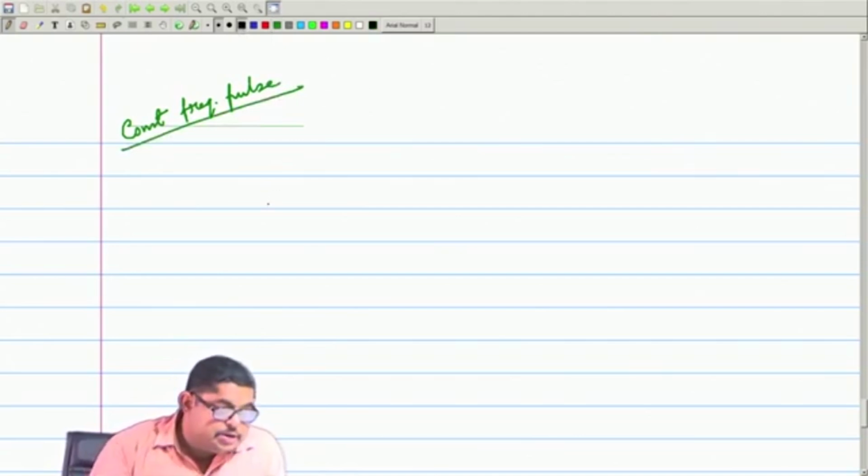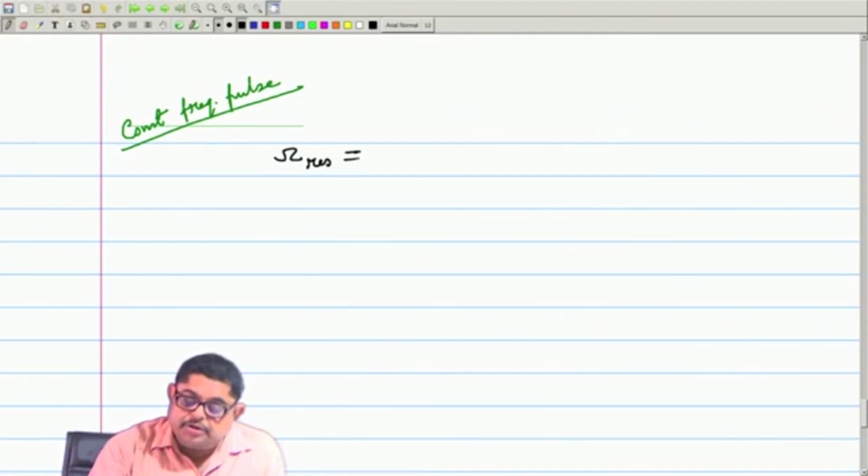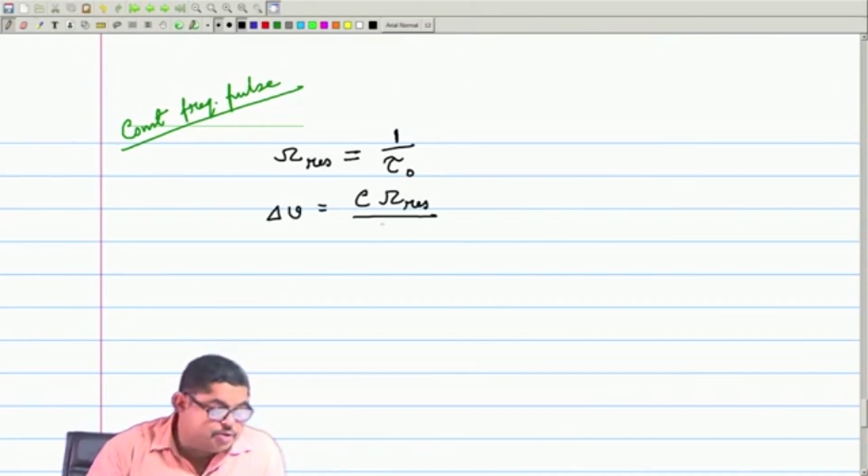Let us calculate that. We know that for a constant frequency pulse, the resolution is 1 by tau naught and delta V is C times the resolution by 2 f c.